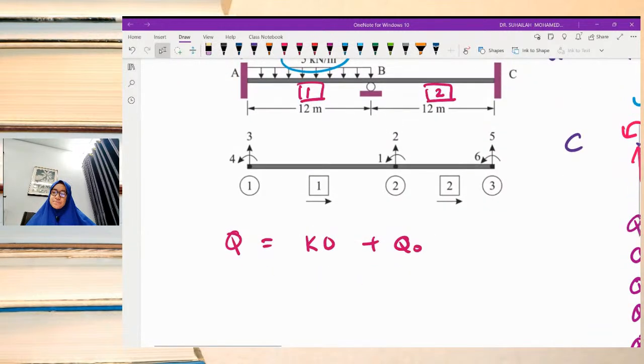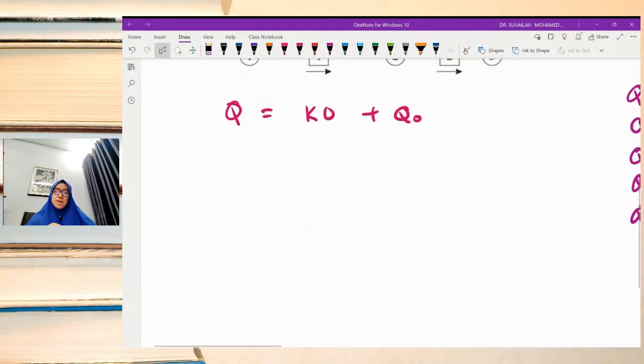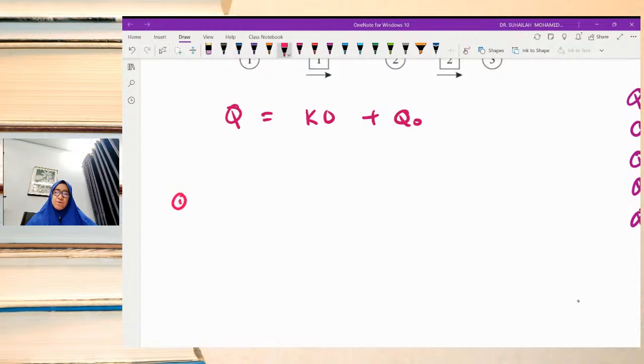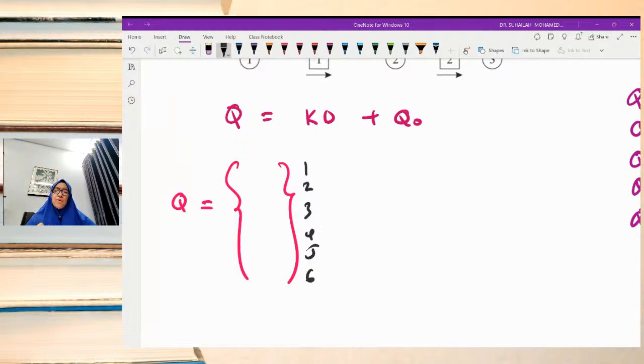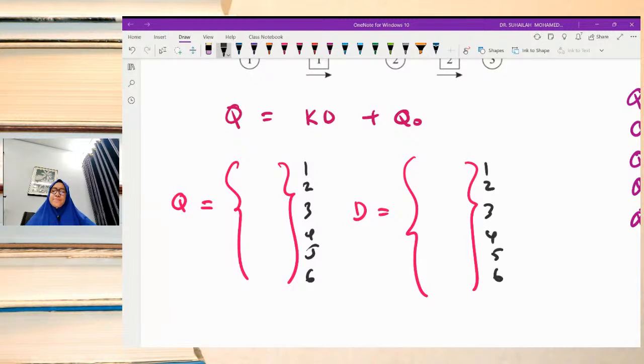Okay, so for Q we have 6 values. There are 6 positions, 1 2 3 4 5 6. For D we have 6 values, same, 6 positions.